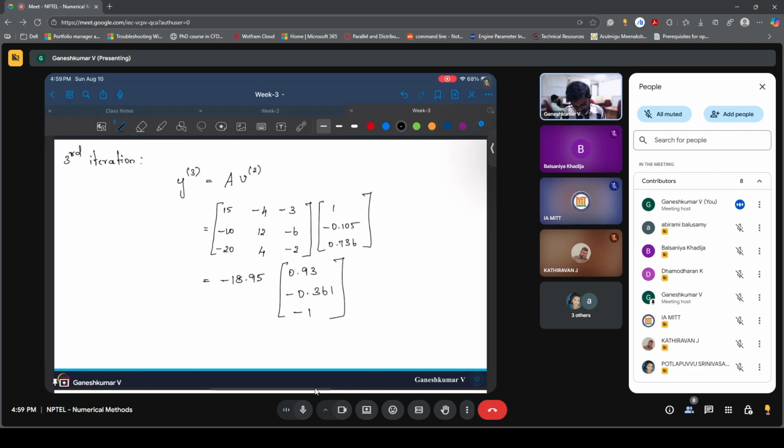Let me check again. Minus 20 plus 4 into minus 0.105 minus 2 into 0.736 divided by 18.95. Minus 20 minus 4 into minus 0.105 minus 2 into 0.736 divided by 18.95.